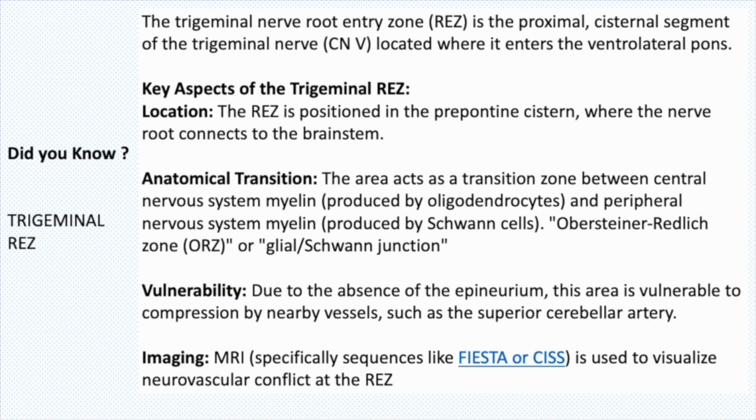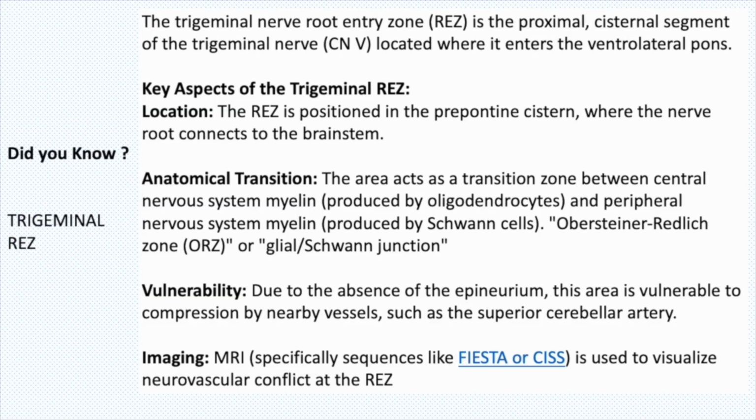The interesting thing is the trigeminal nerve root entry area, or the REZ. It's also called the Obersteiner-Redlich zone. This is the area in the prepontine cistern where the trigeminal nerve basically connects to the brainstem.